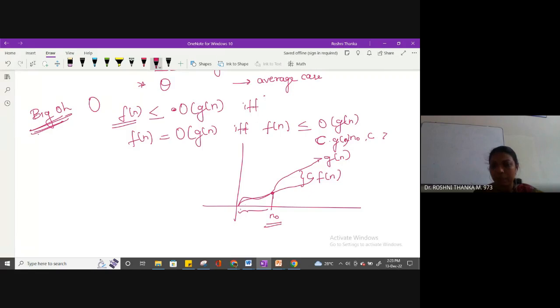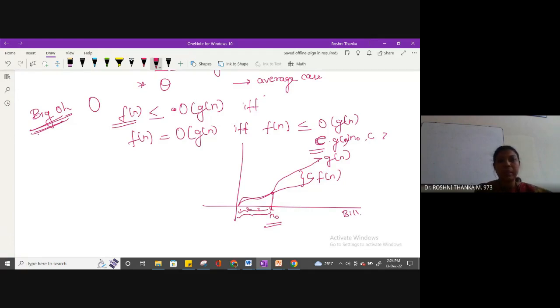For example, for an input of 1, 2, 3, or up to 6, we cannot predict, but this small amount of input can be ignored when you have billions of inputs, right? So we have to find the constant c and the value of n naught from which this condition will be true. This is how we denote the big O notation.